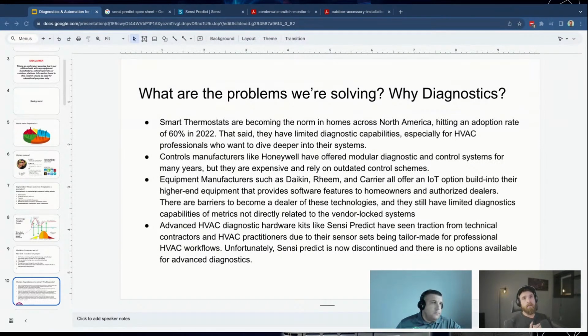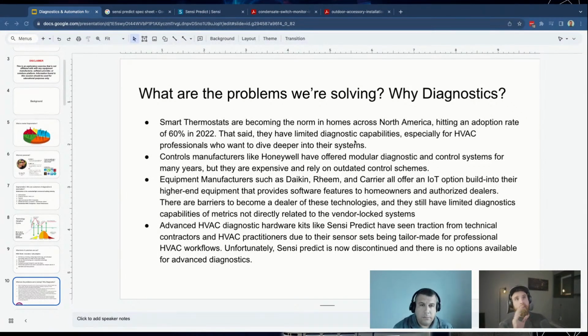Because it goes beyond just having a psychographic or a segment of the market or a select few personas that really want something. I believe there are some very strong reasons, some business oriented reasons, some market oriented reasons why there has to be a replacement for Sensi Predict is really what I'm saying.